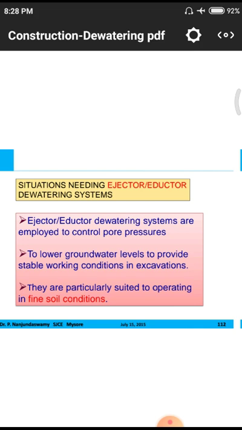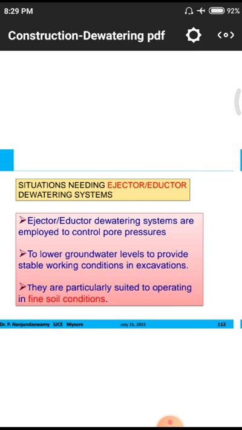Normally if it is a sandy soil or granular soil, we will obtain groundwater at lower depths. Why? Because those have a recharge capacity. That means granular soils and sandy soils have higher recharge capacity of groundwater, so we will get groundwater at lower depths.